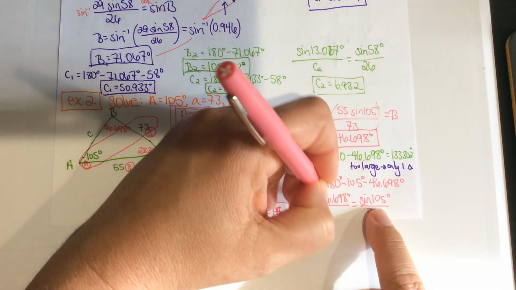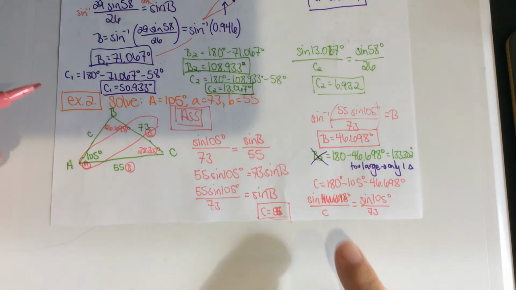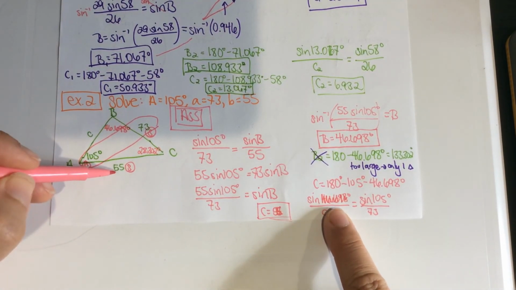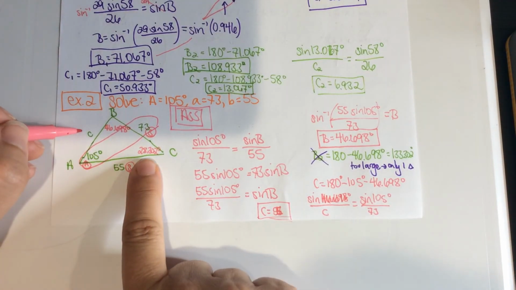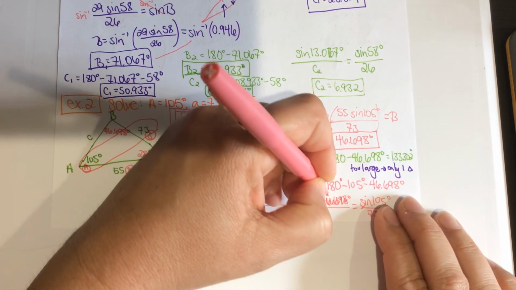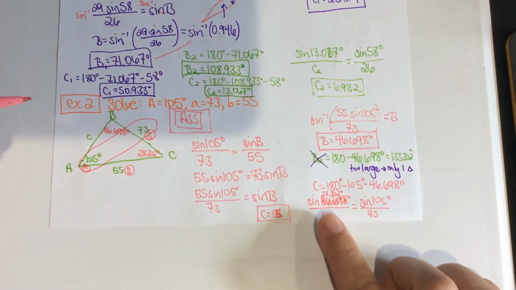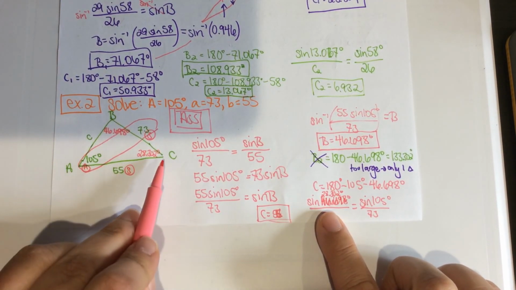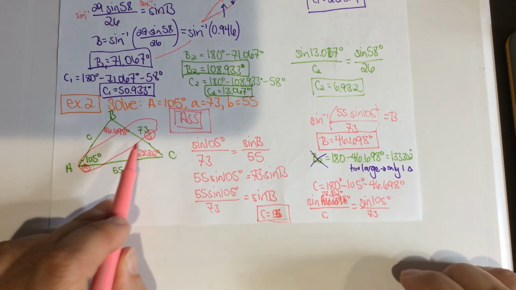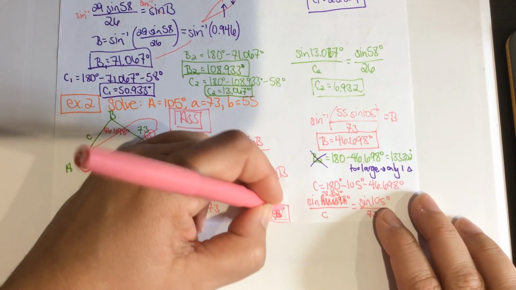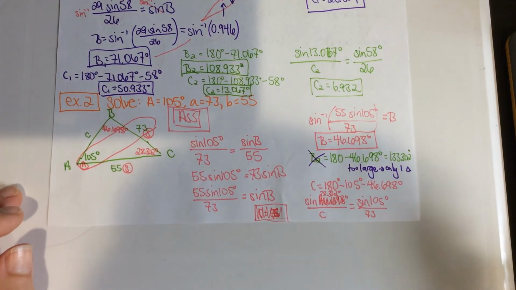Yeah, duh. Okay, do you see what I did there? I used angle B, so of course I got 55. Side B is across from angle B. I needed to use angle C. 28.302 goes there, right? Sine of angle C across from side C. Sine of angle A across from side A. Sorry about that.